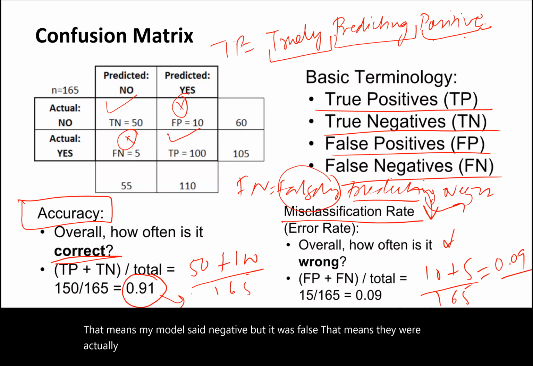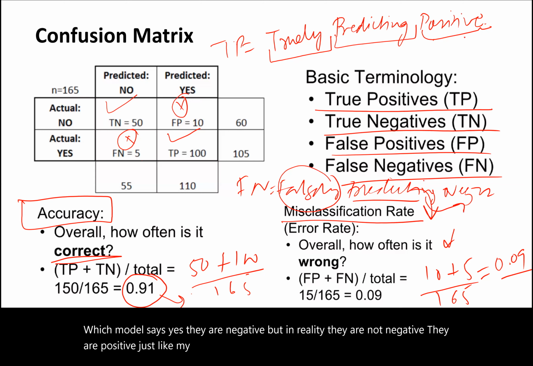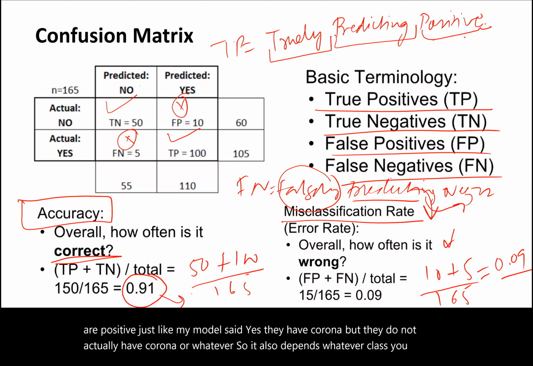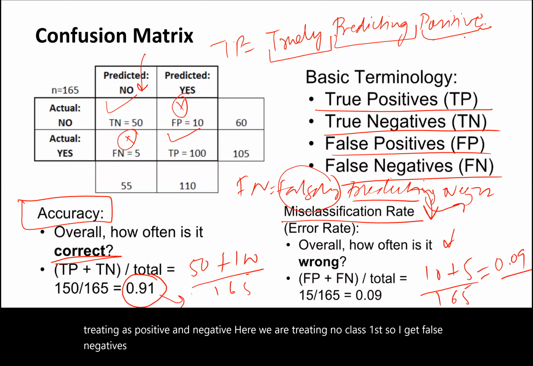So false negatives are where my model says they are negative, but in reality they are positive. It also depends on whatever class you are treating as positive and negative. Here we are treating the no class first, so I get false negatives over here, making negative predictions but falsely.